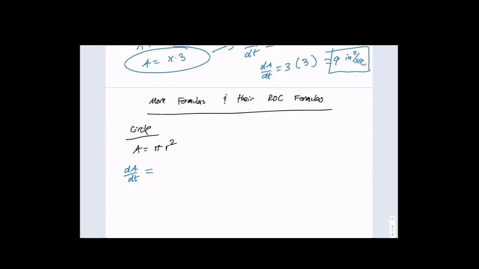Would it be pi and then 2r? And then 2 pi, so the 2 you could just bring all the way into the very front. So 2 pi and then would it be times dr dt? Times r.